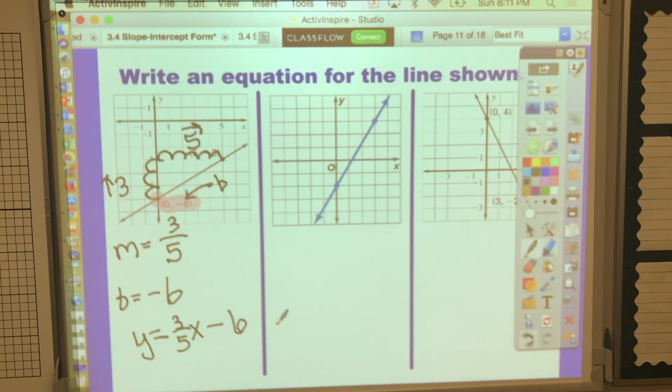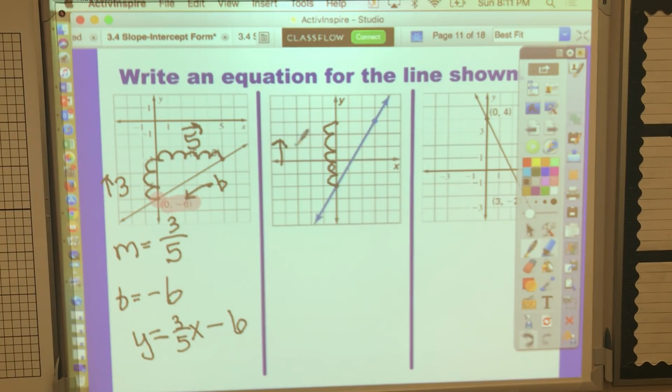We look at the next one. This one's not numbered, so we automatically know it's going by 1, so rise over run will be nice again. I'm going to start at the point on the left, and we need to go up 1, 2, 3, 4, 5.